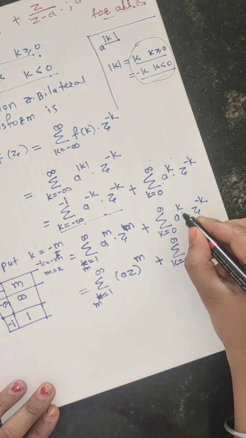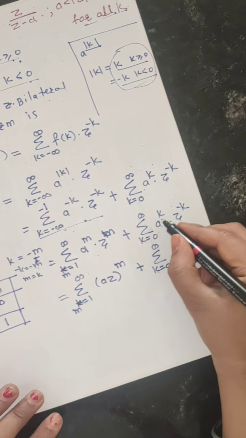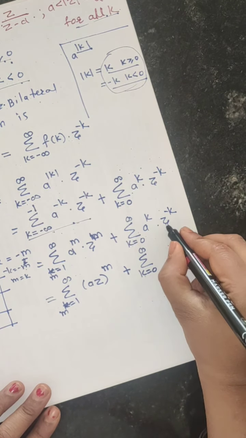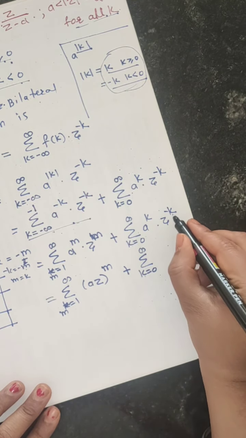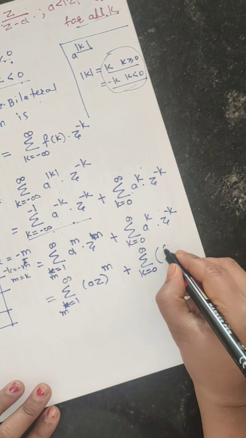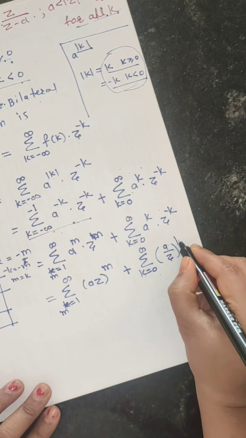Here a raised to k is a positive power, and z's power is negative, written as z raised to minus k, that means 1 upon z raised to k. So it is a upon z raised to k.